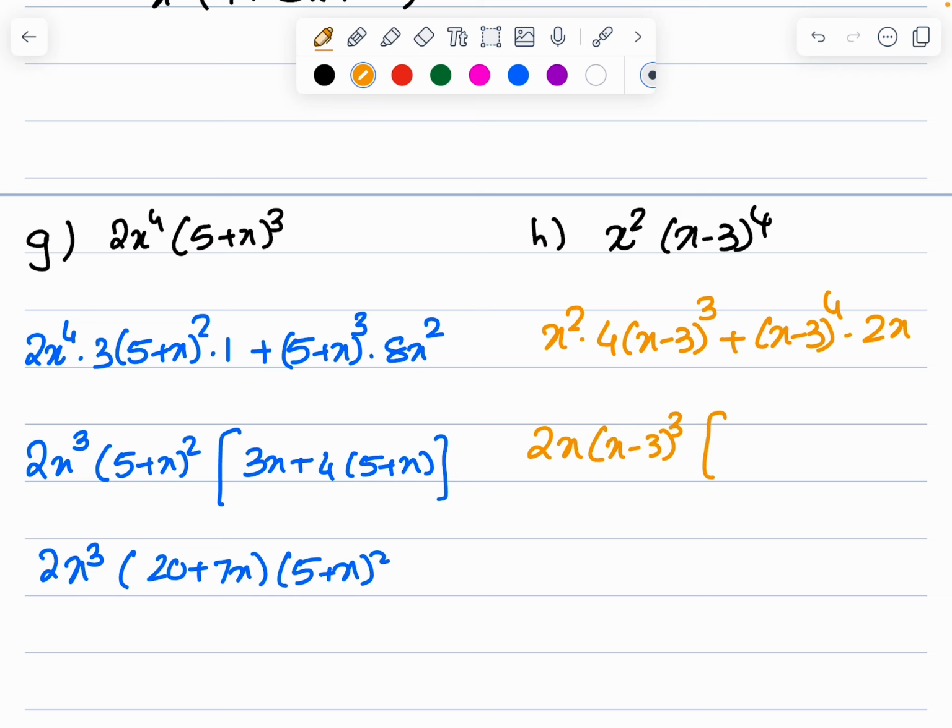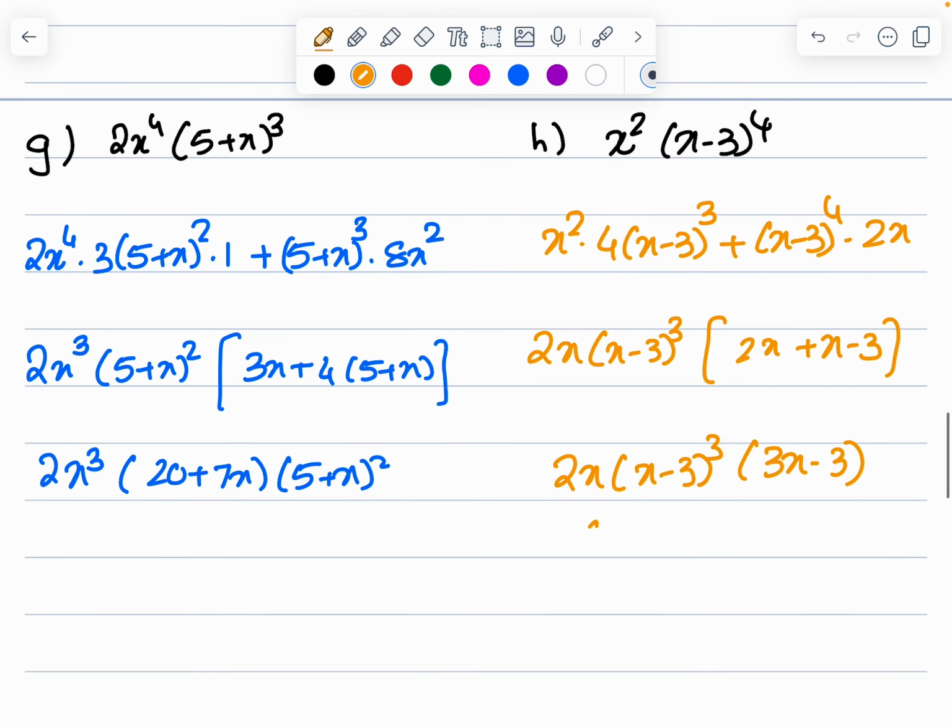So what will be left over? x square is left over and one more (x minus 3), so what does that become? 2x times (x minus 3) whole cube times (3x minus 3)? When I take 3 common, it becomes 6x times (x minus 1). Don't forget to simplify it. (x minus 3) whole cube. These are the basic questions based upon product rule.